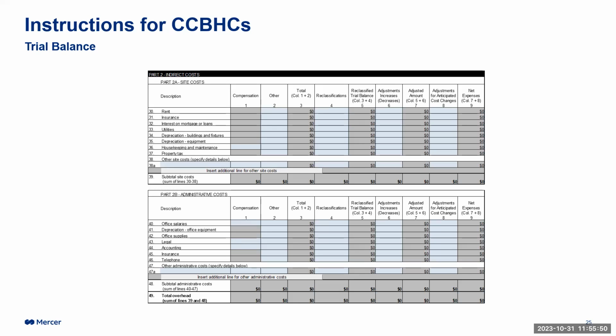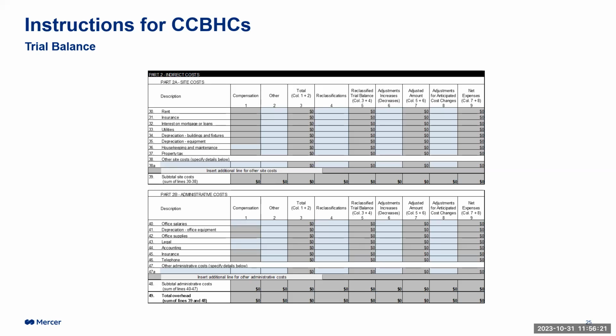So this information is going to, in total, once you get to all your adjustments and reclassifications, and to the extent you need to make adjustments for anticipated costs in the administrative or indirect side of the program, that total at the bottom here is what is going to get allocated to the CCBHC direct costs and be included in your PPS rate.